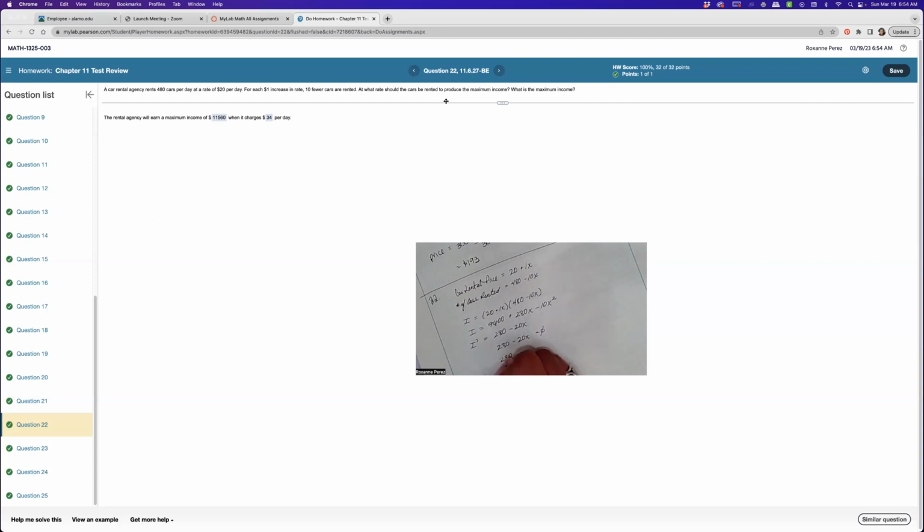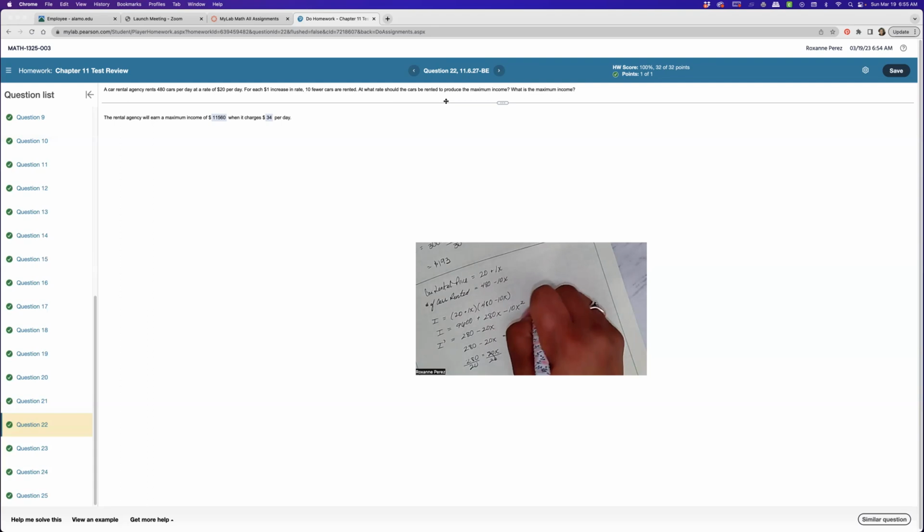So 280 equals 20x, divide by 20. X equals 14. Now plug in x equals 14 in your income function, and that is going to give you $11,560.